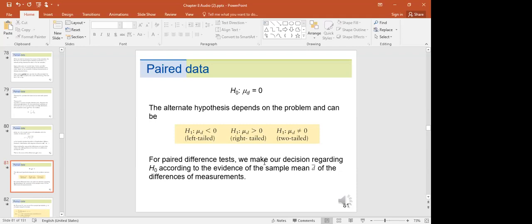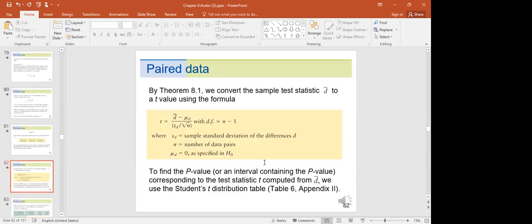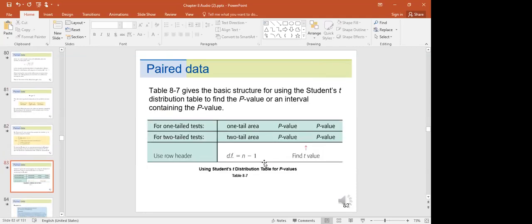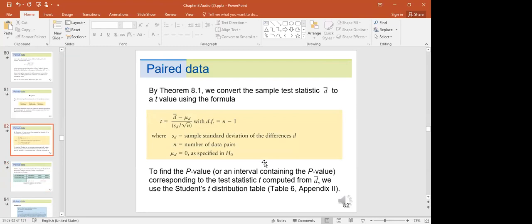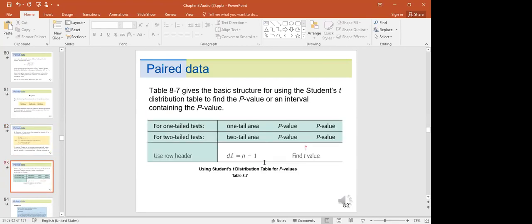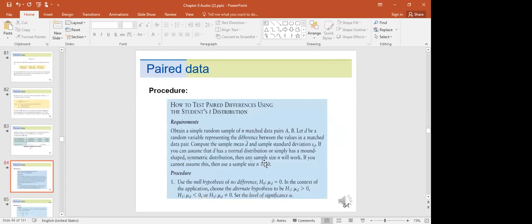That's the difference is different from 0. So what we do here for paired data is that we take the difference of the pair and then test it using the data as if we were having a single data. I usually also use Excel here. I'm going to use Excel and calculator.